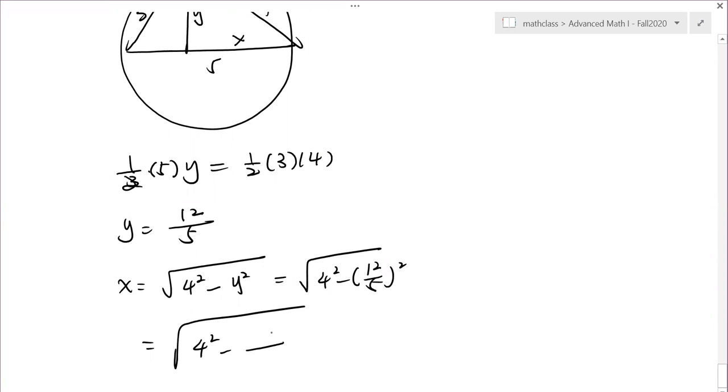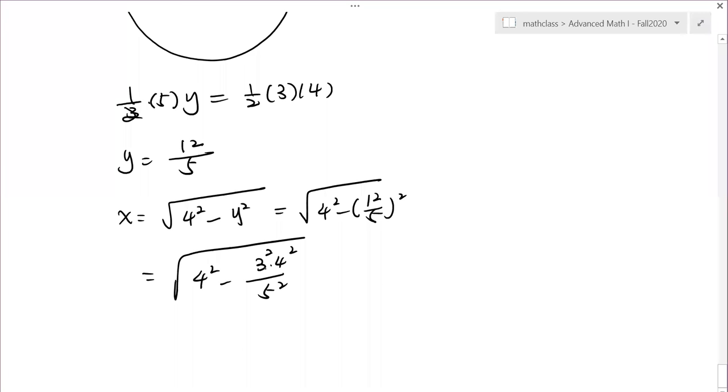If you don't want to use a calculator, then I think you can take 4 squared over 5 squared out. And then it will be 5 squared minus 3 squared. Okay, 5 squared minus 3 squared is going to be 4 squared.